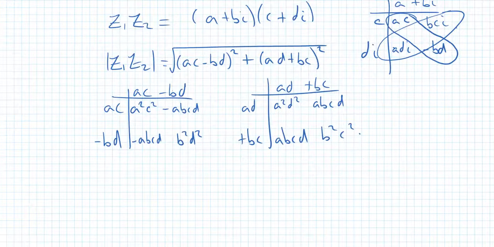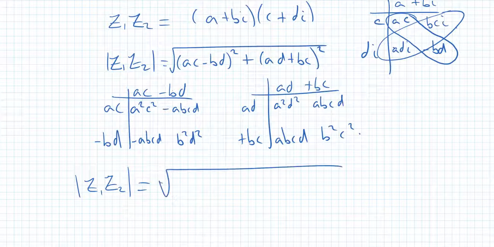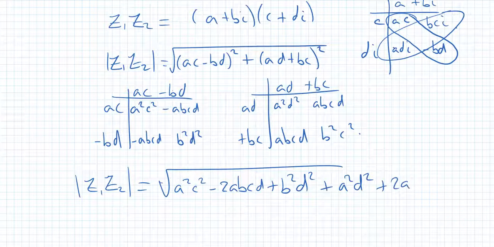Right, okay, so our modulus of z1 z2 is going to become the square root of, right, let's write this out. And so we're going to have a squared c squared minus 2abcd plus b squared d squared plus a squared d squared plus 2abcd plus b squared c squared.